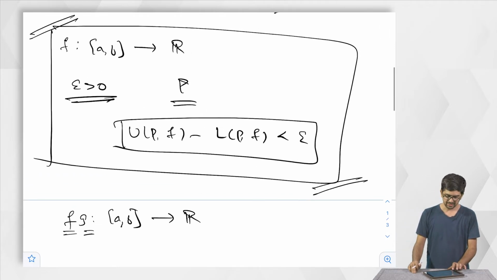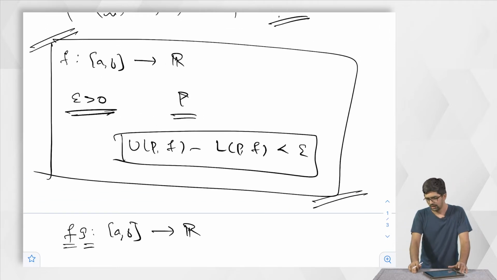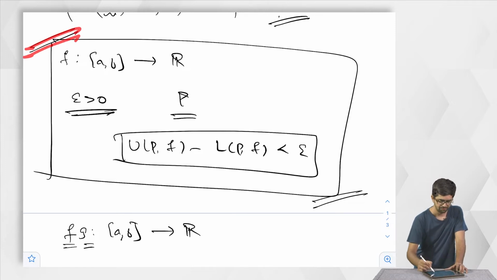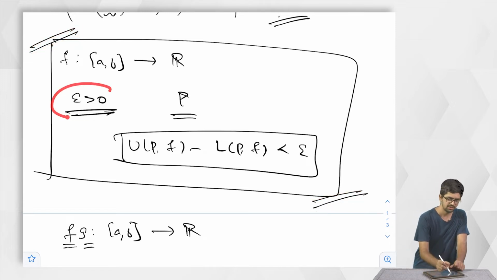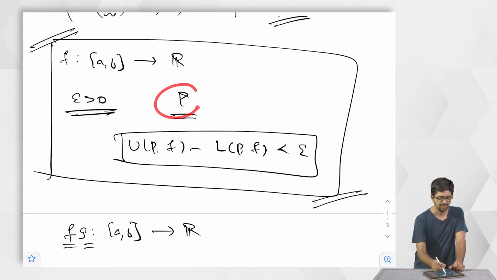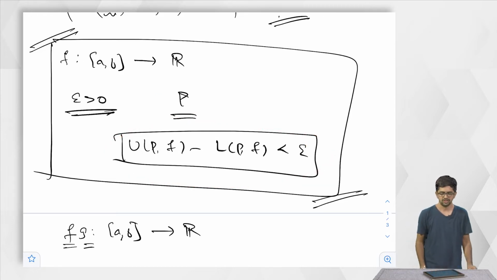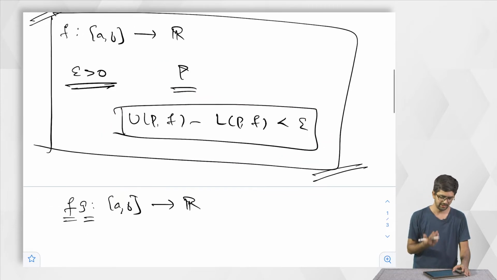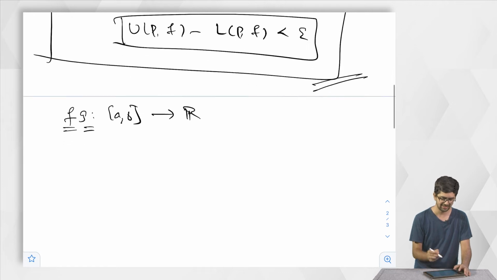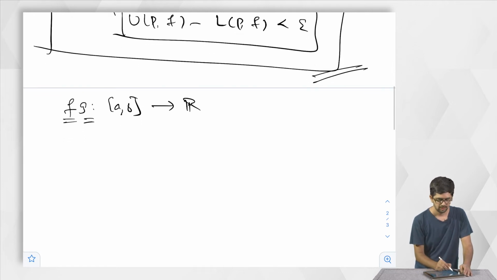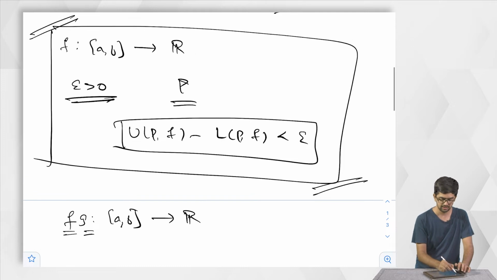But as I said, for looking for confirmation of integrability, one can use this idea. All you need to do is the following. Suppose I give you epsilon positive, you should get a partition P such that this condition is satisfied. Now before doing any such thing, let us at least write down what it means to say that f is Riemann integrable, that means this is satisfied.